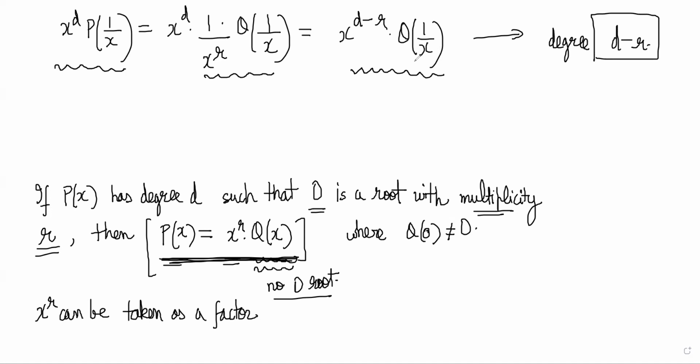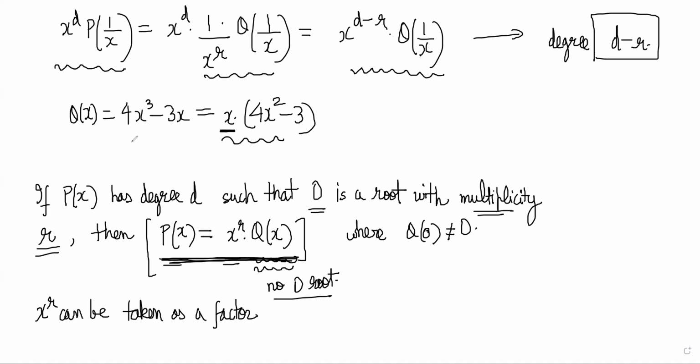So the reciprocal polynomial sometimes can have a lower degree than the original polynomial if it has roots 0 and if the multiplicity of those roots is r, then the degree of the reciprocal polynomial will be d minus r, right? If you notice the earlier example where q of x was 4x cubed minus 3x, we had x taken common and it is 4x square minus 3, right?